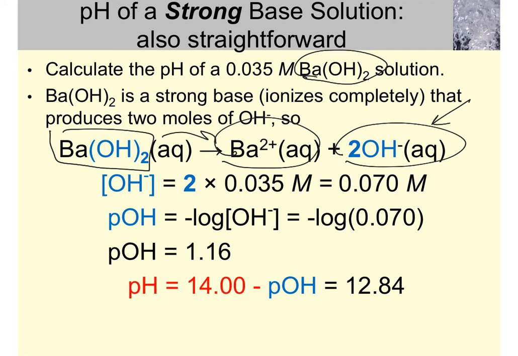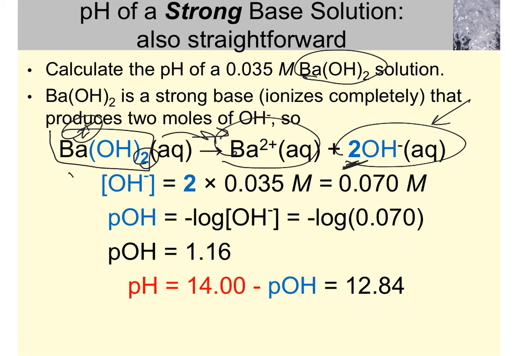But note that barium, since it has a 2+ charge as an ion, is going to have two hydroxides. And so when you write out the ionization reaction, make sure you account for those two hydroxides.